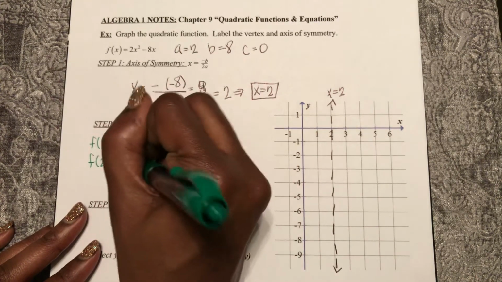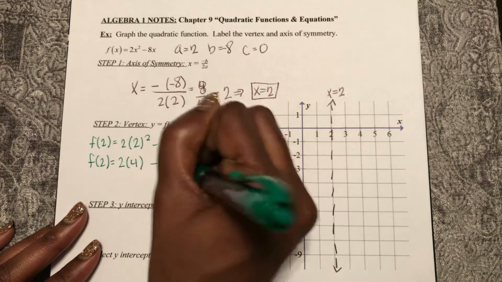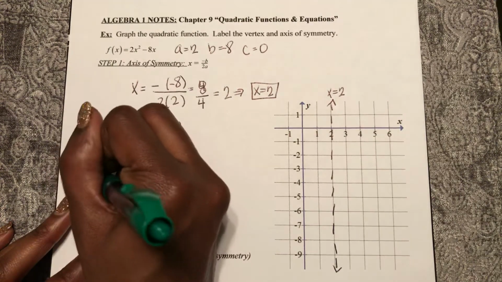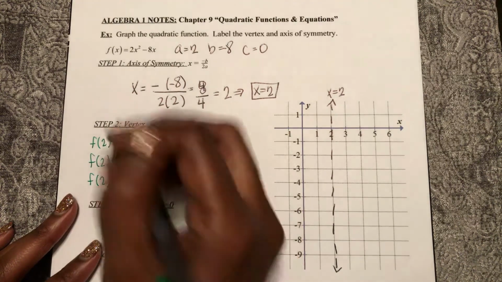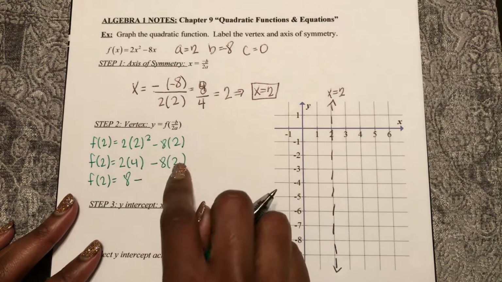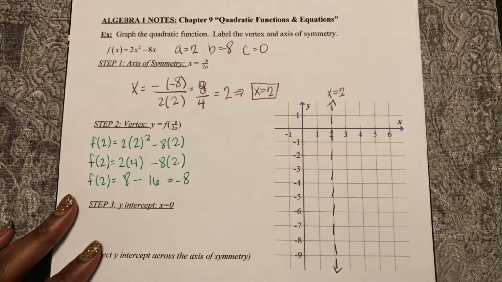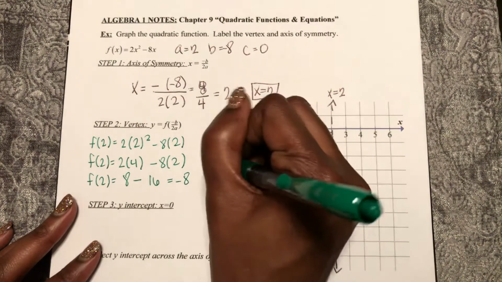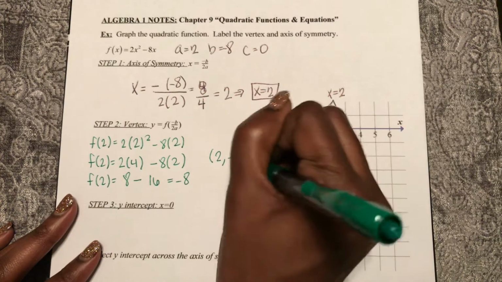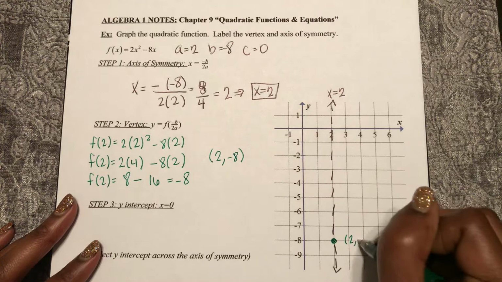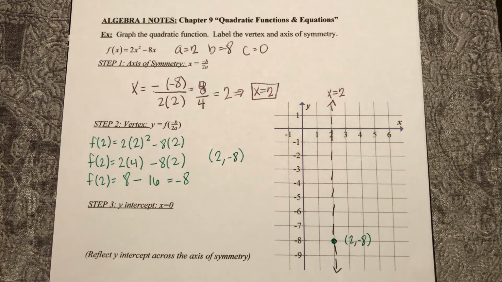That becomes 2 times 4 minus 8 times 2. So now I multiply. 2 times 4 is 8, 8 times 2 is 16. So negative 8. So I know my vertex is the point 2, negative 8 down here, and I'll label that in my picture.